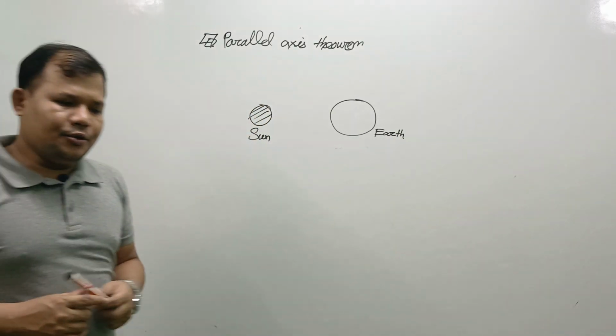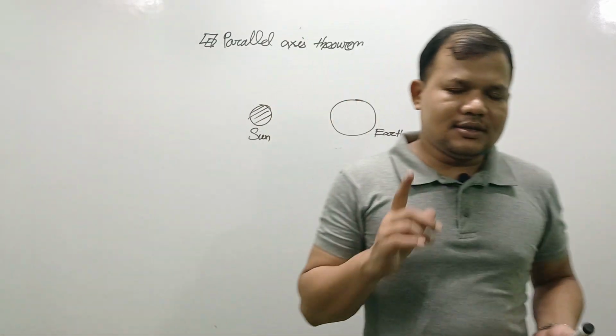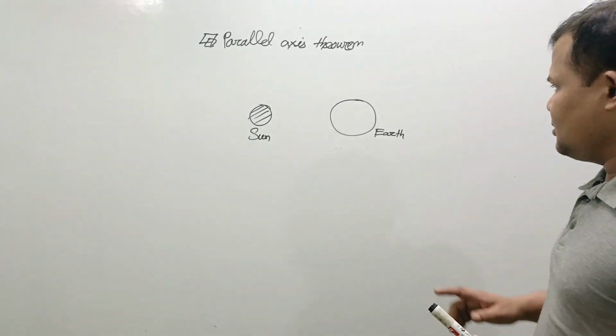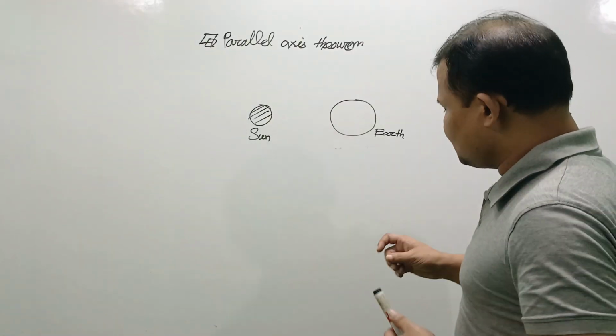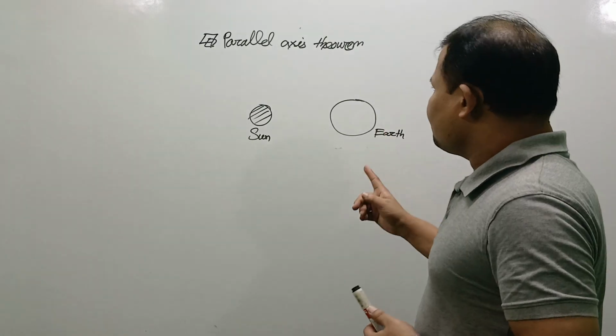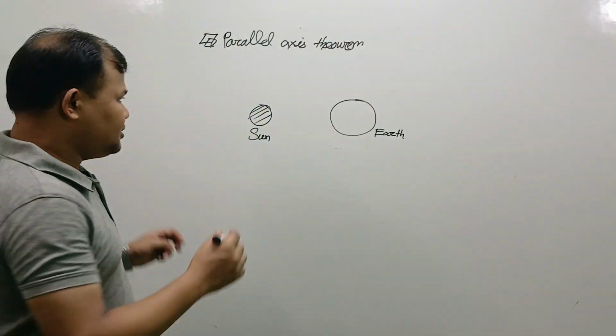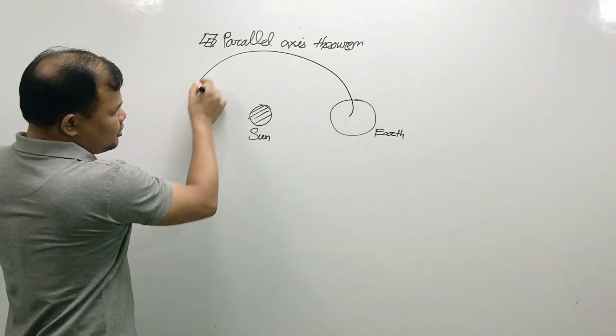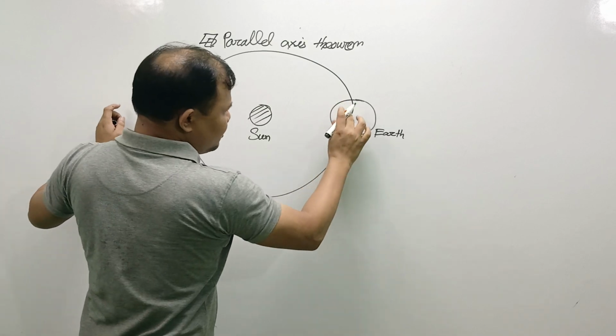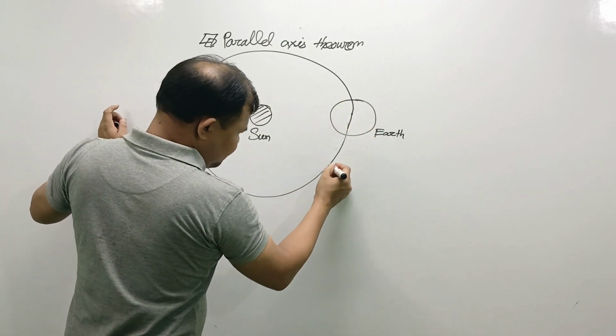All of you know that the earth rotates around the sun, centering the sun. The rotational path of the earth will be like this. This is the rotational path.